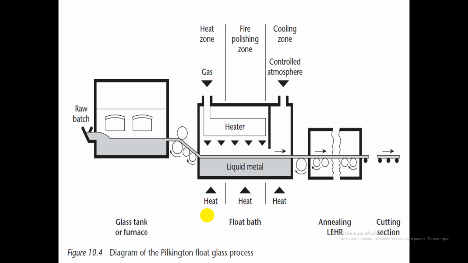The selection of tin as the liquid metal on which to float the glass was crucial. It had to be a metal with a sufficiently low melting temperature for it to stay liquid as the glass cooled to a point where it began to stiffen.